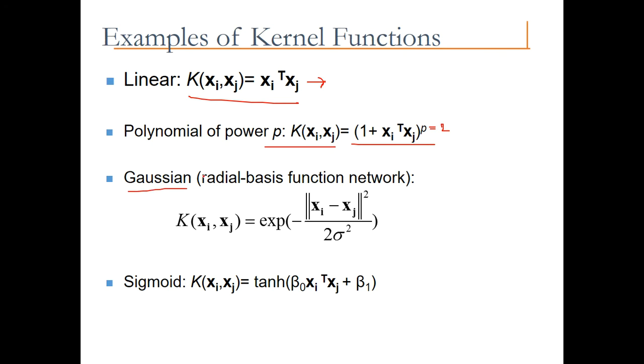Another is the Gaussian kernel, or similarly the sigmoid kernel. In the same formulation of xi transpose xj, at this place we shall replace whatever kernel you are using.